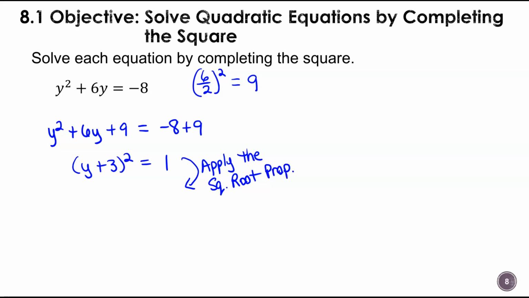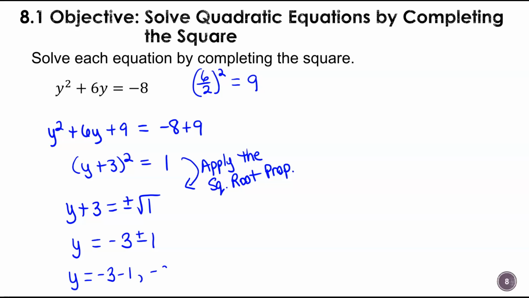That makes y plus 3 equals plus or minus the square root of 1. And we subtract the 3, so -3 plus or minus the square root of 1, which is 1. And so we have -3 minus 1 or -3 plus 1, which makes our two solutions -4 and -2.